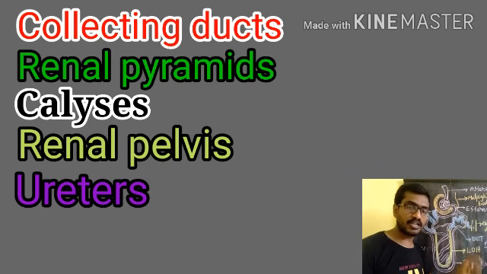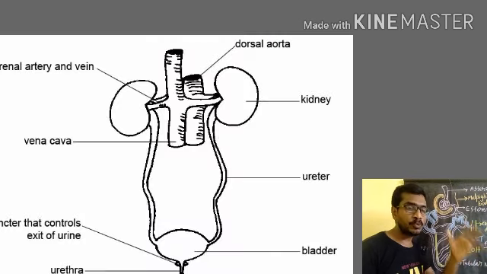Ureters are long tube-like structures. The walls of the ureters perform wavy motions, which we call peristaltic movements. Due to peristaltic movements in the walls of the ureters, the urine enters into the urinary bladder.